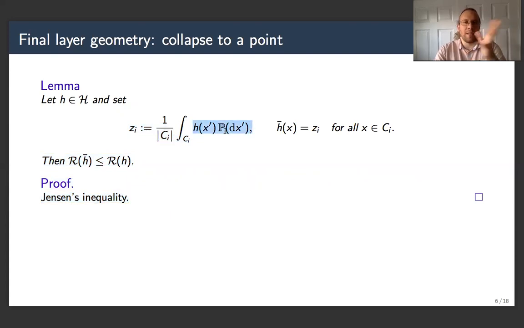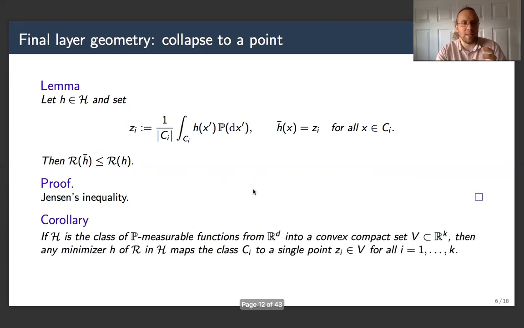So of the entire class, we're just looking at the mean, and we are then replacing h by h bar, which is constant on all of the classes and just outputs precisely that mean. And by Jensen's inequality, we see that the cross-entropy loss actually decreases under this replacement.